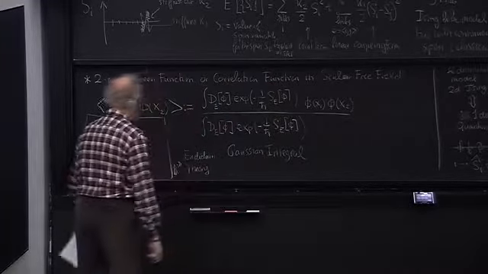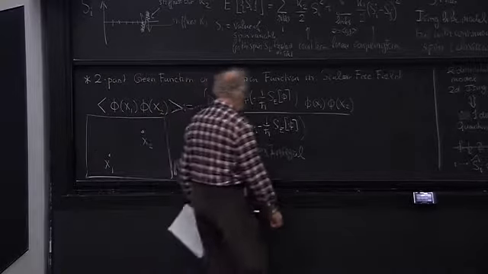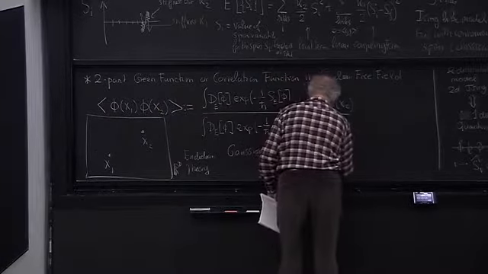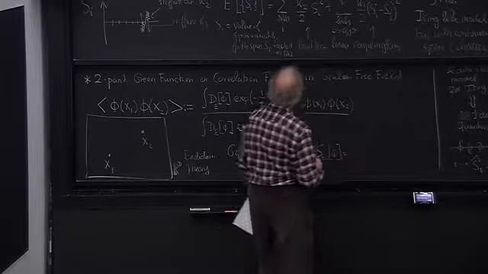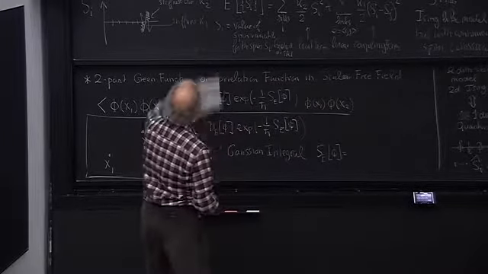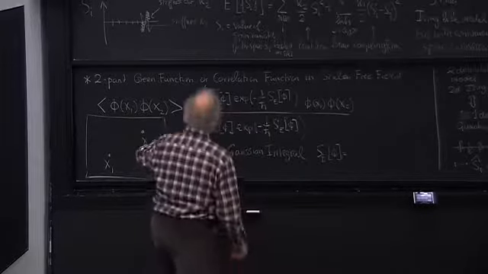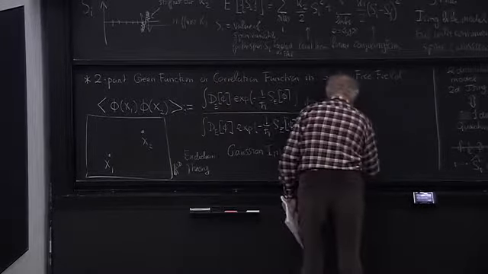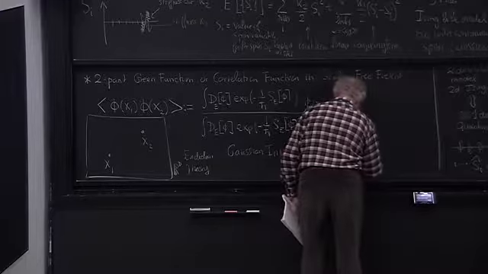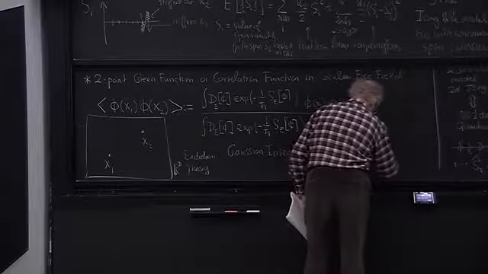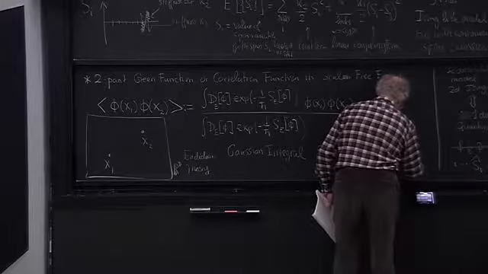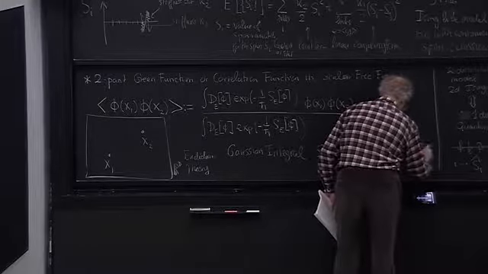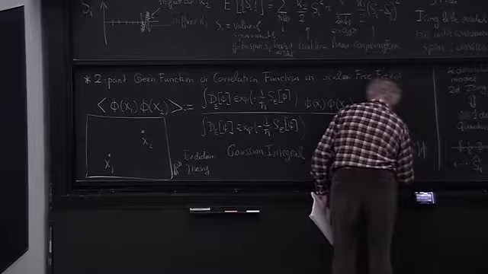Okay? Because S_E of phi, well, you can integrate by parts the kinetic term, and you can rewrite this as the integral over space-time of 1/2 phi times the operator minus the Laplace operator plus m squared, times phi, plus boundary terms.